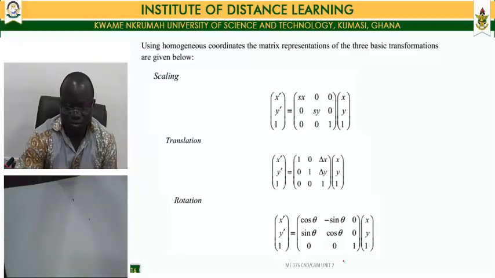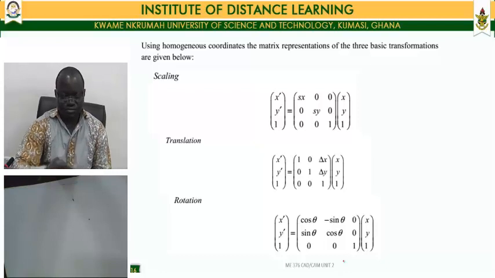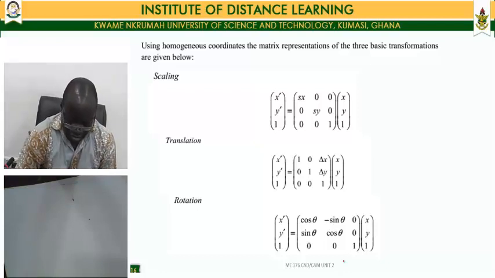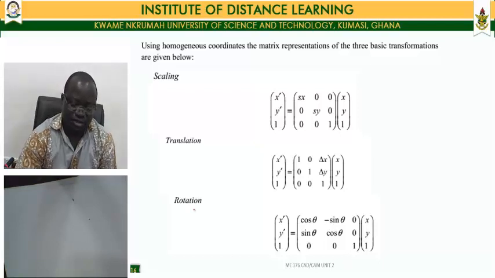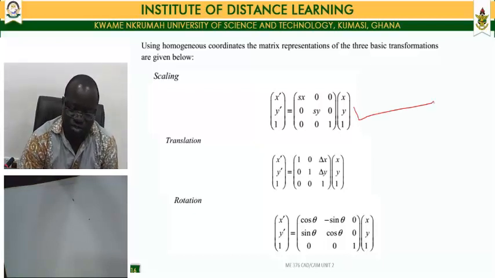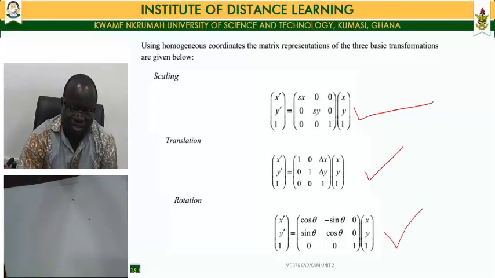And so for the computer, it uses these transformations to operate on every single point. If you want scaling, it picks every single point on the drawing and performs this matrix manipulation and then generates a new point for each of the points.